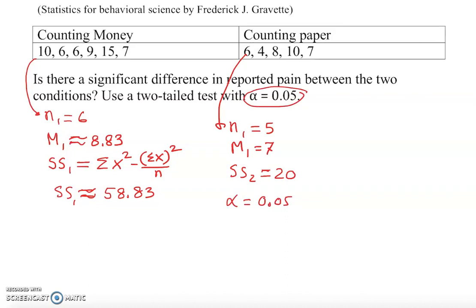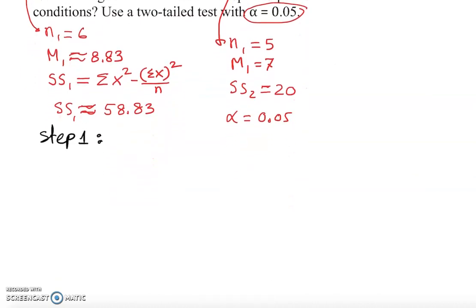We are going to construct a 6-step hypothesis test. So let's do the first step. Step 1, the null hypothesis. We're assuming they are equal. H stands for hypothesis, and subscript 0 stands for null hypothesis.